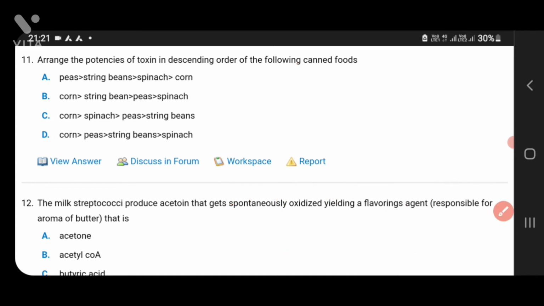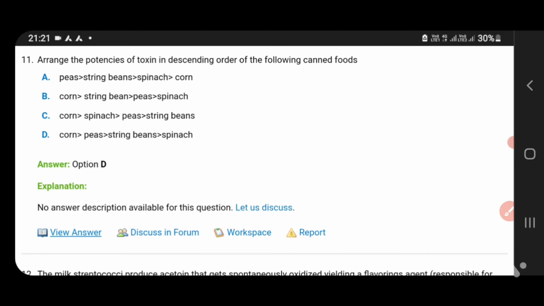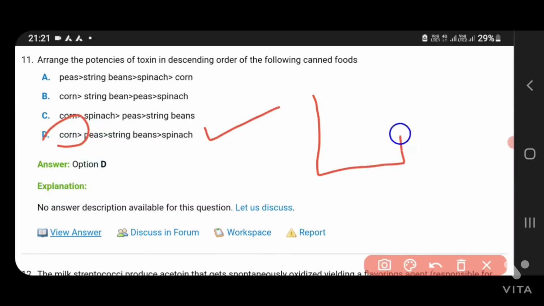So here the right answer is option D, where corn, peas, string beans, spinach. So if the canned food has corn inside, and it has the toxins of botulinum, then it is more potent, more harmful in less quantity. Okay.